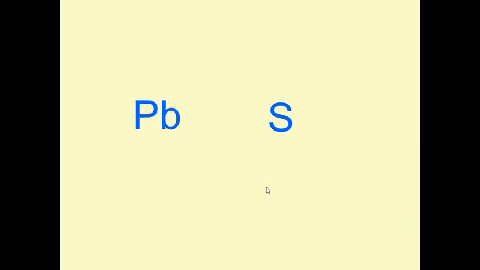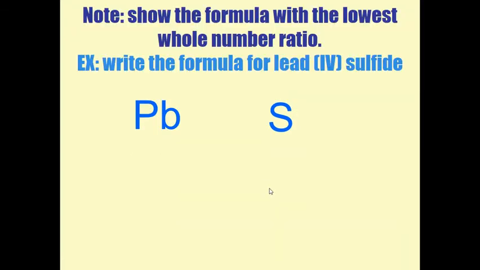If you were trying to put together the formula for lead 4 sulfide, lead 4 means it has a +4 charge. Sulfur has a charge of -2. Let's crisscross that. 2 goes there, 4 goes there. We're going to crisscross them, drop the charges, and we end up with a formula that's Pb2S4.